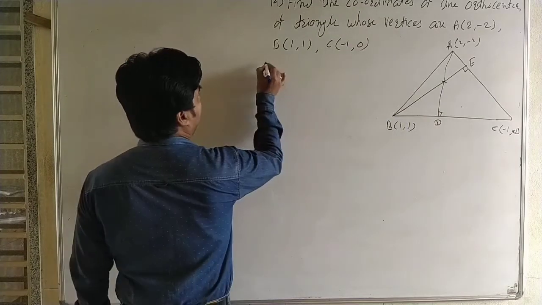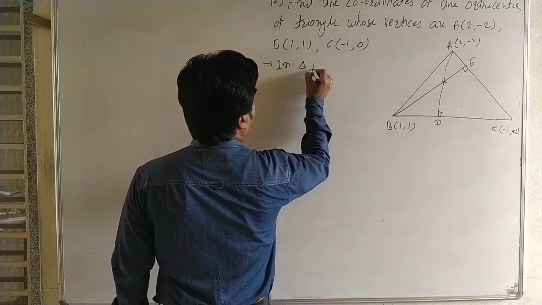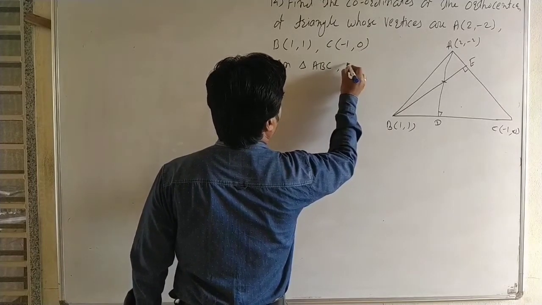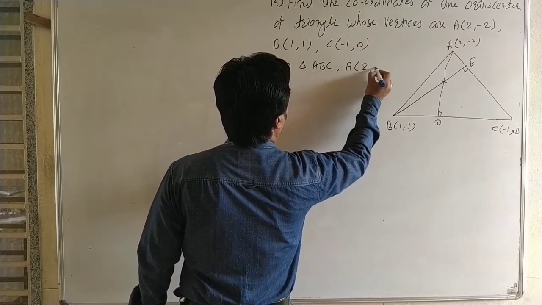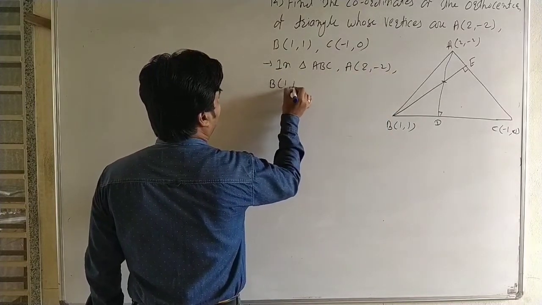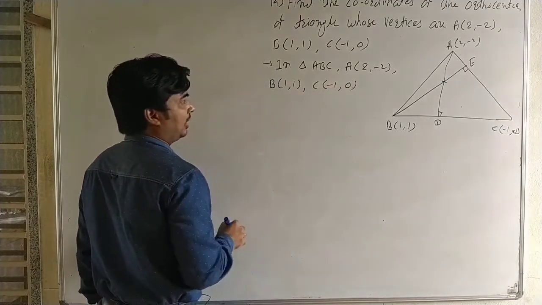Now, in triangle ABC, A is (2, -2), B is (1, 1) and C is (-1, 0).